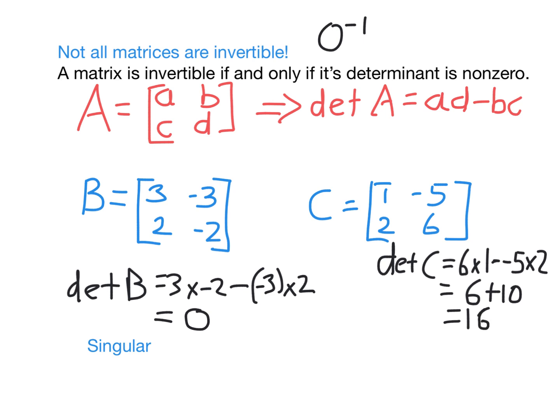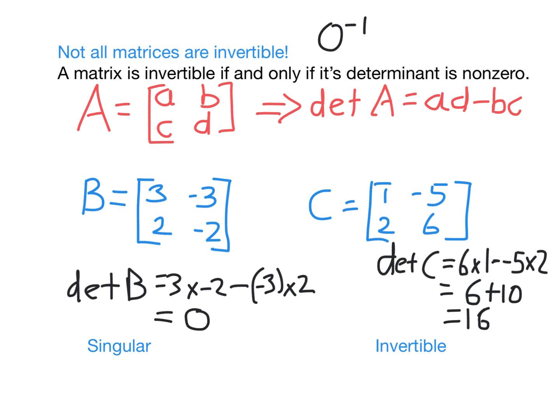Now note that these determinants, the number you get, has a lot more meaning than we're going to study in the course. All we care about at this stage is that it's not 0. So if you have a matrix and its determinant is not 0, that matrix is invertible. So here C would have an inverse.